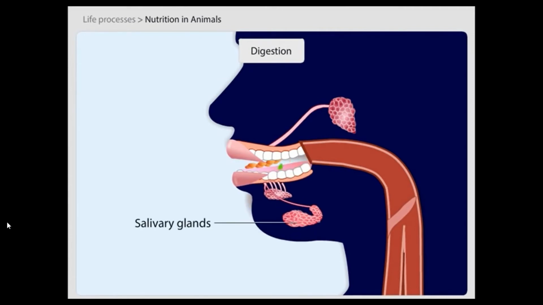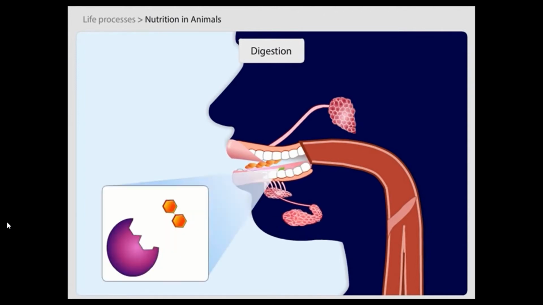Salivary glands present inside our mouth produce saliva, which mixes with the food while it is being chewed. The saliva contains an amylase enzyme which digests the starch present in food into sugar called glucose.